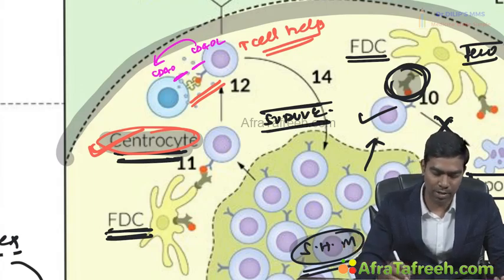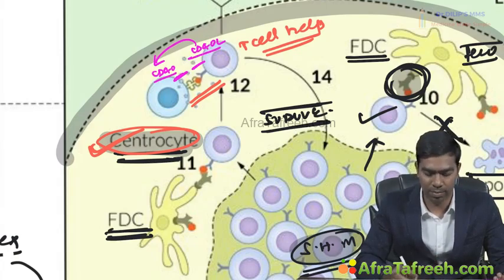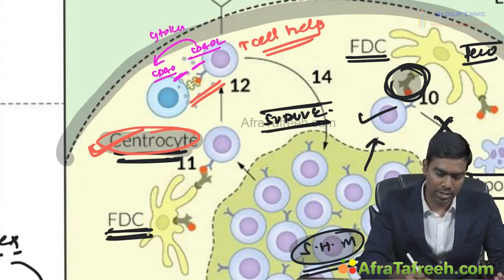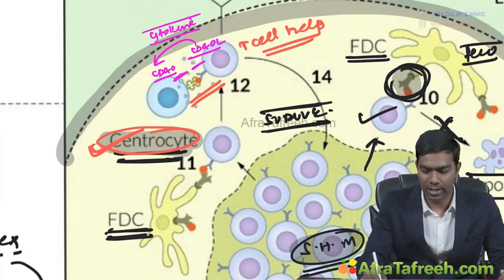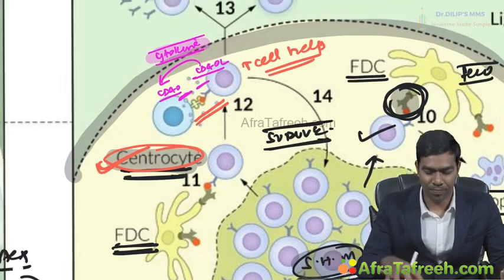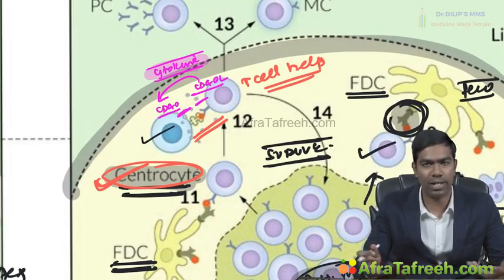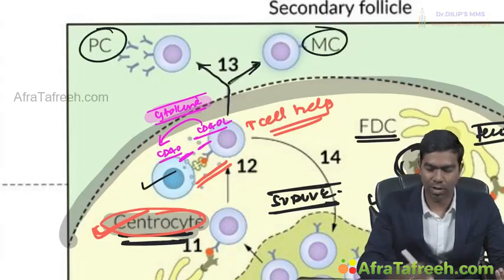So this is very, very crucial, and once this interaction is complete, the CD40 ligand interaction is complete, the T cell will secrete some cytokine. This follicular T helper cell is going to secrete some cytokine, and this cytokine determines the next step. This centrocyte that has received this particular cytokine and the survival signal, that is CD40 ligand from the T cell, will differentiate into either a plasma cell or a memory cell.